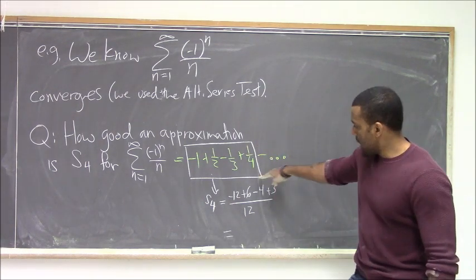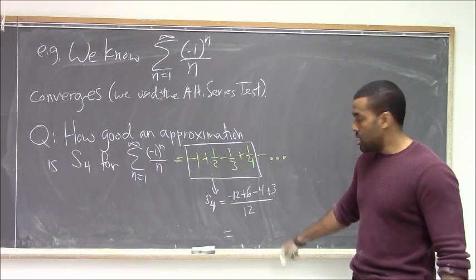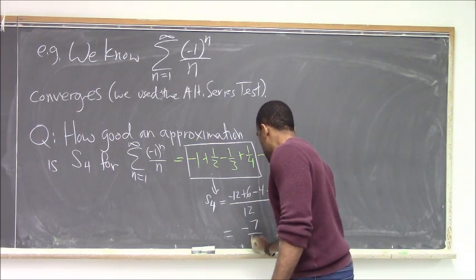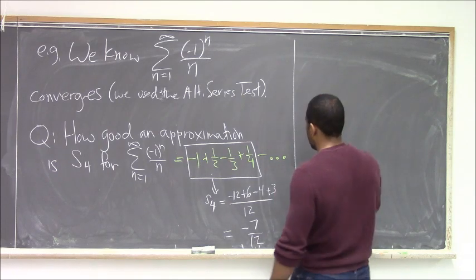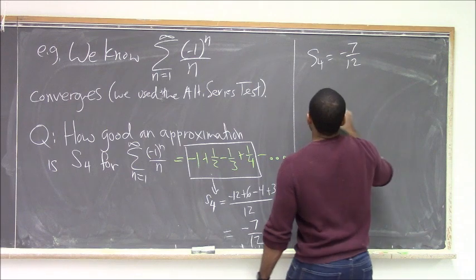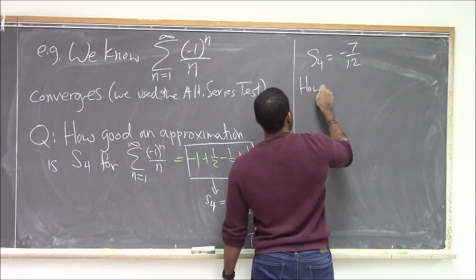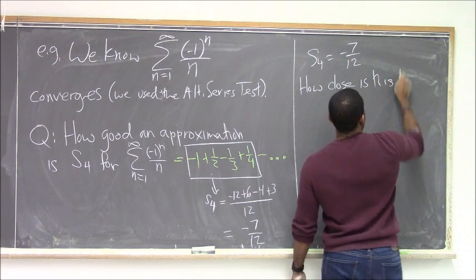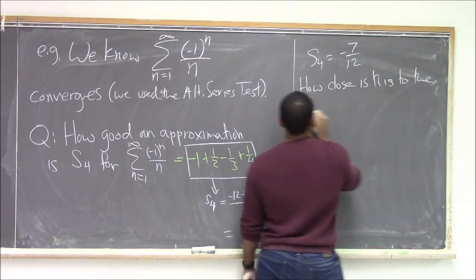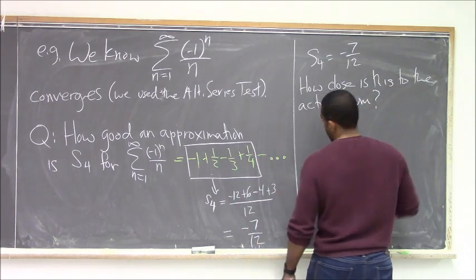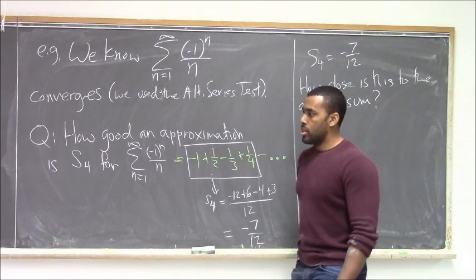So that's -16 plus 9, minus 7 over 12. So S4 equals -7 over 12. And the question is, how close is this to the actual answer? That's the question.